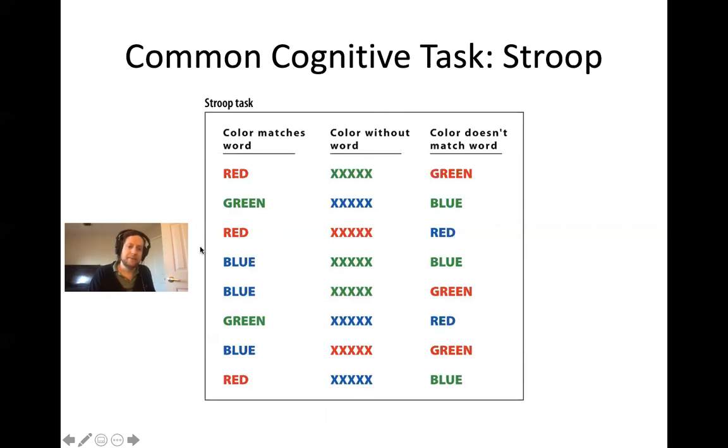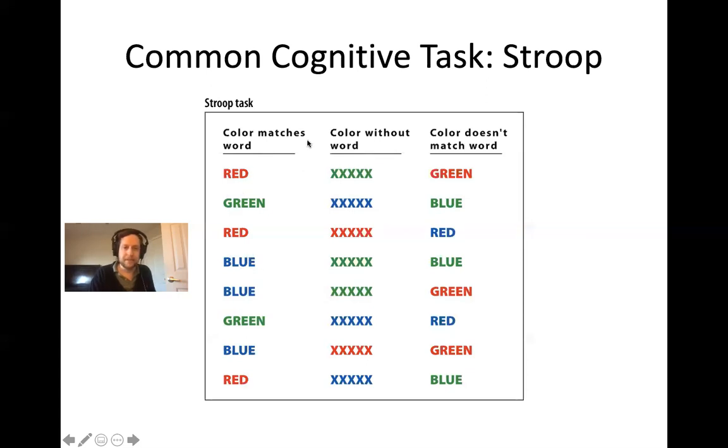So right here, if you look at the stimuli, the color of the ink, or the color of the letters, is the same as what the word says. Red letters that say the word red, green letters that say the word green, blue letters that say the word blue, and so on.